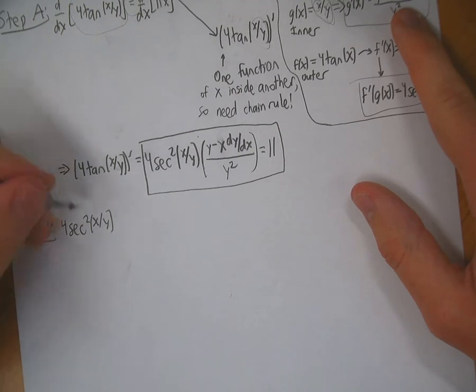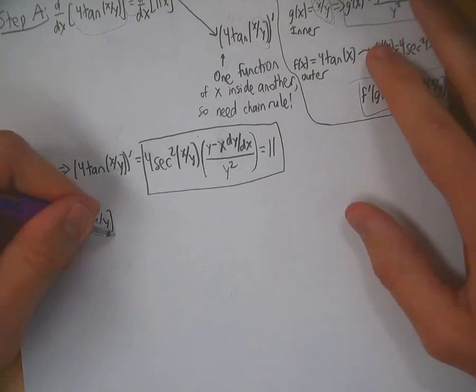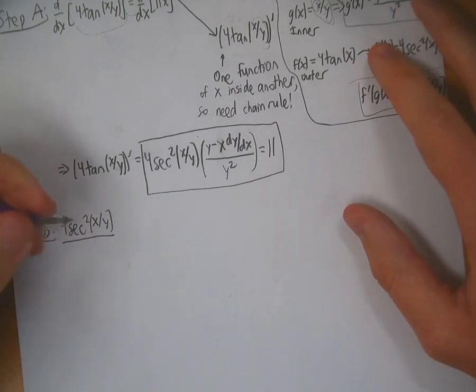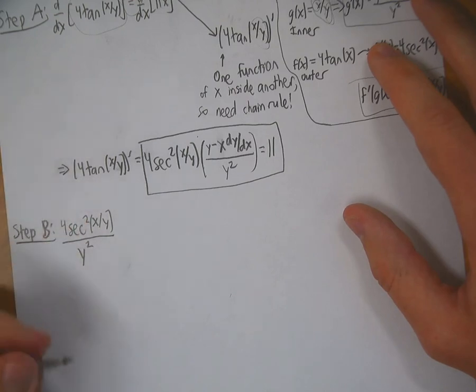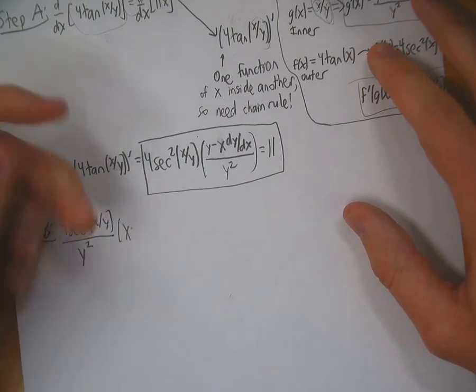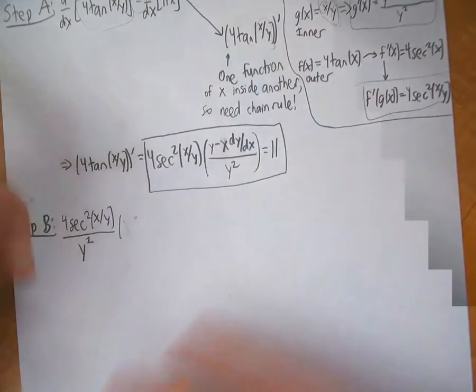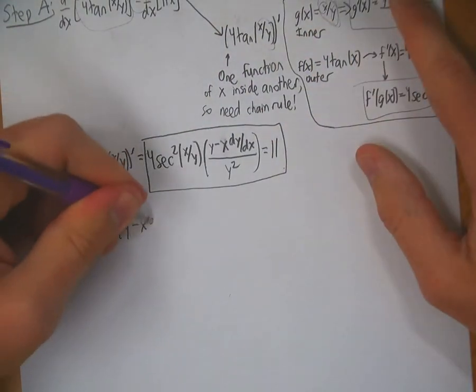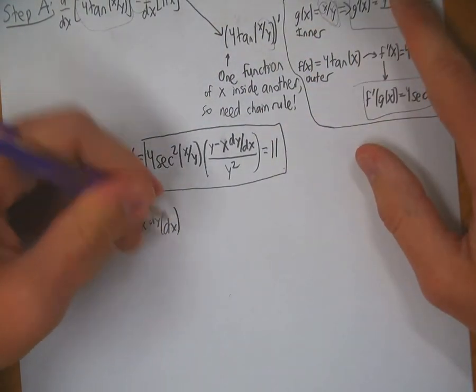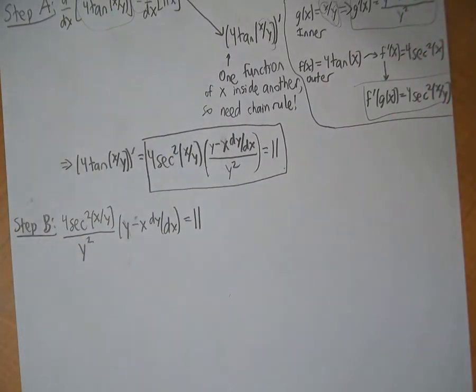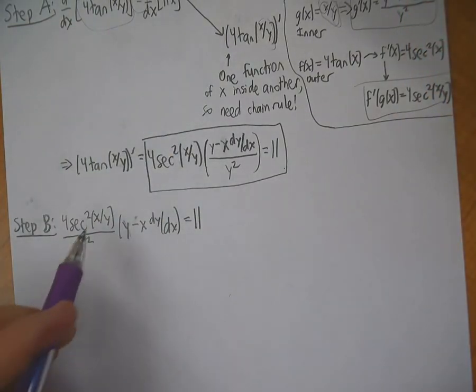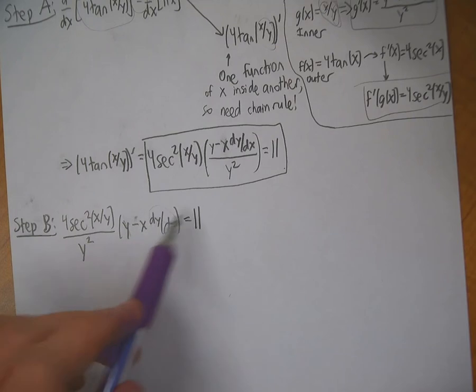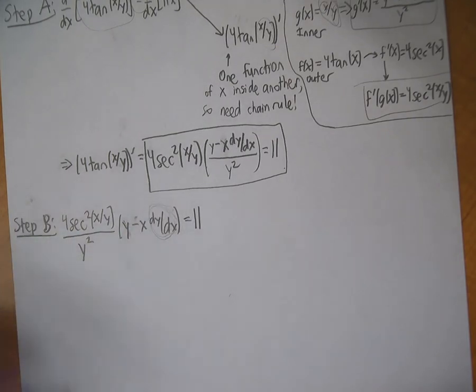I'm going to rewrite this a tiny bit differently, as 4 secant squared of x divided by y, all over y squared, times y minus x times dy dx, equals 11. So now our goal is to take all this and solve for dy dx embedded in here. If we wish to do that, what would be a good place to start?